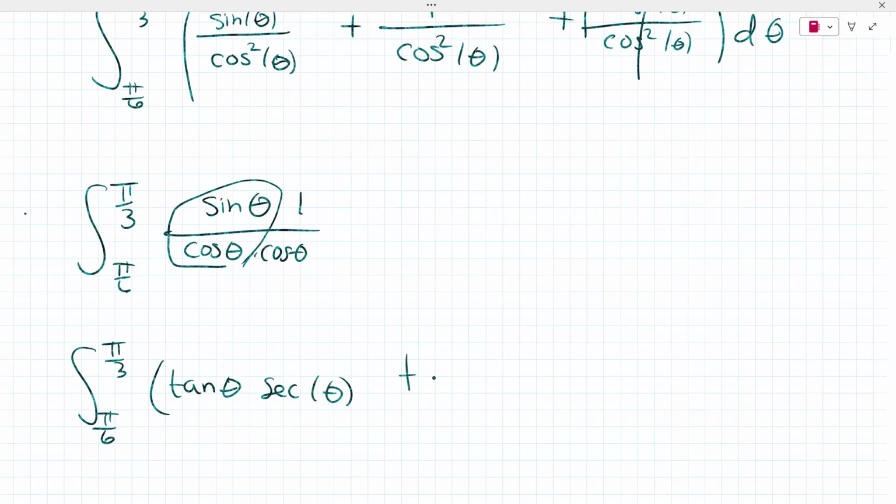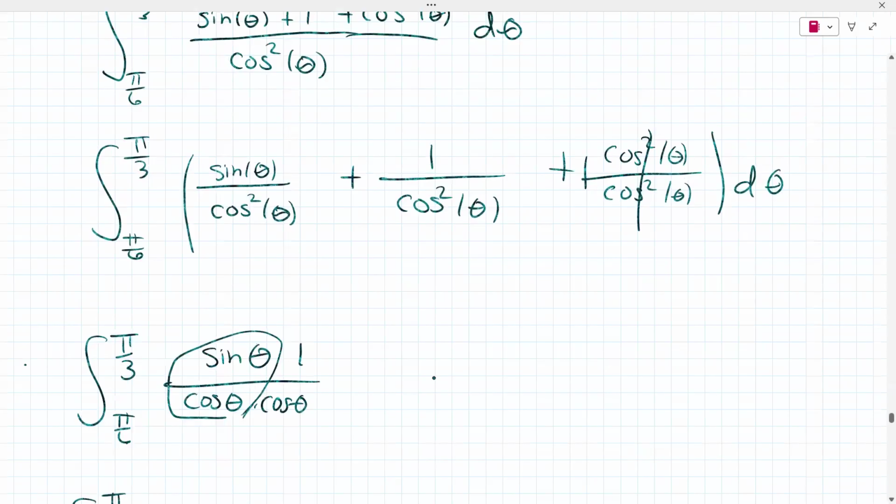And then plus, okay, so let's see. So this is going to be sine theta plus 1 is cosine squared theta.